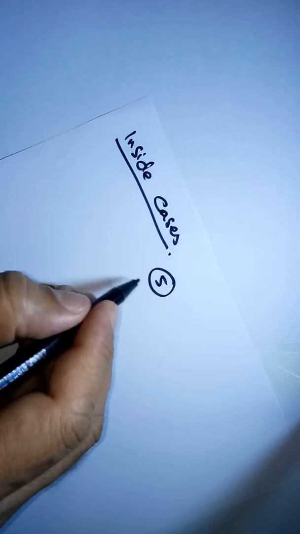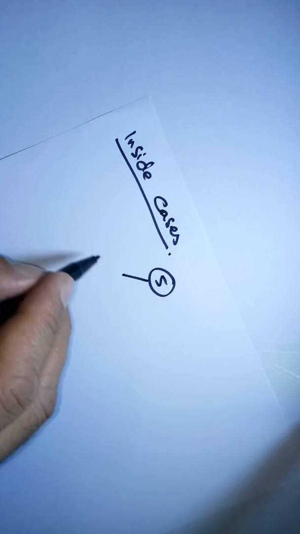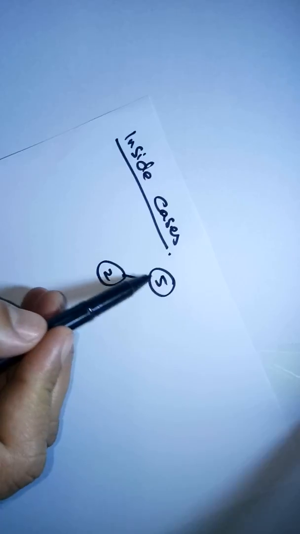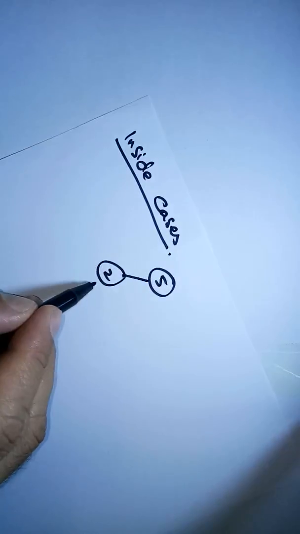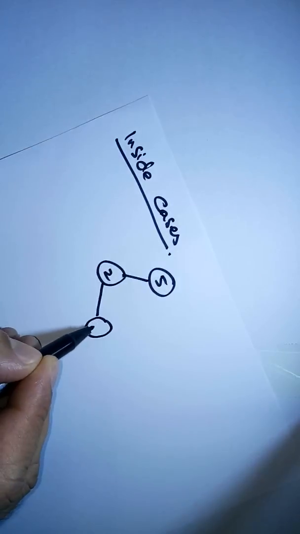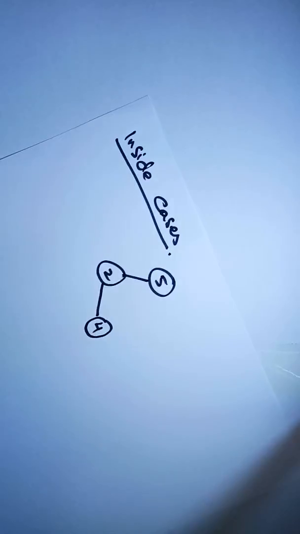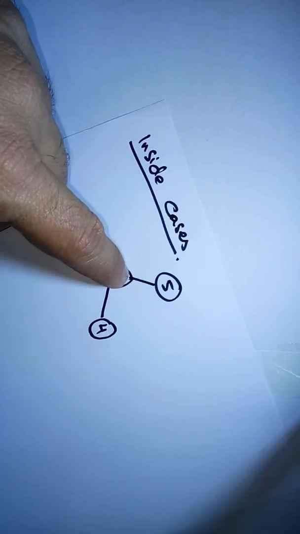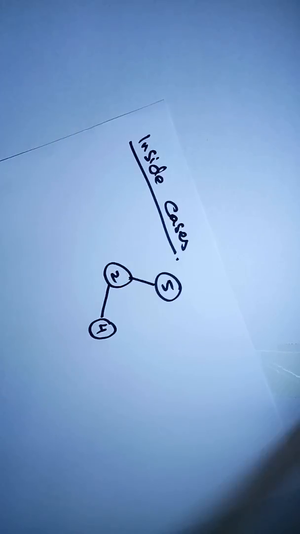The tree was empty, so 5 is the root node. Then I inserted 2. Obviously 2 is smaller than 5, so it will go to the left-hand side. Then I inserted 4. 4 is smaller than 5 but greater than 2, so it will go to the right of 2. So this is not the outside case. If it were the outside case, it would be on the outer side. This is the inside case.